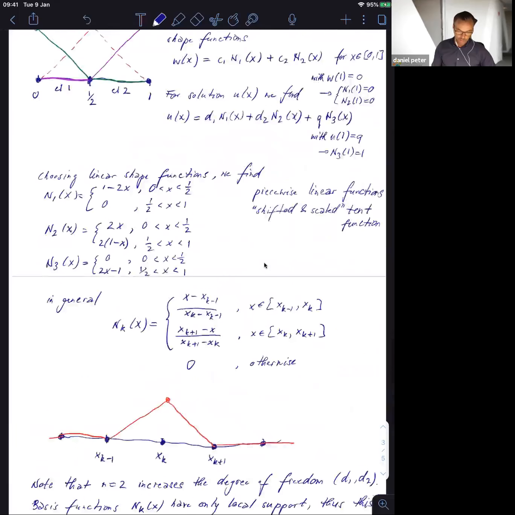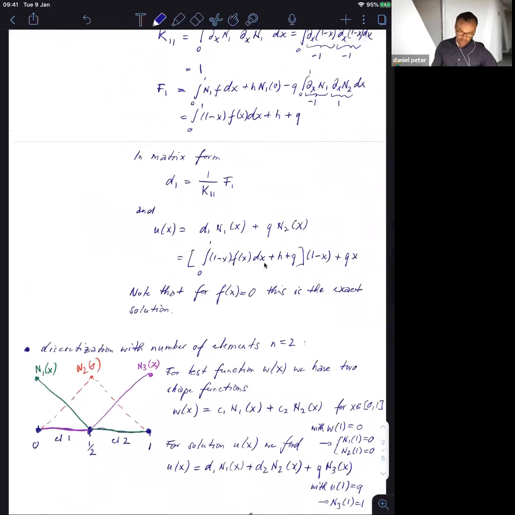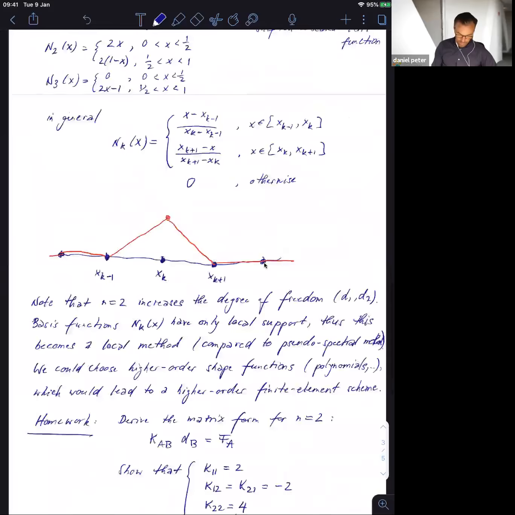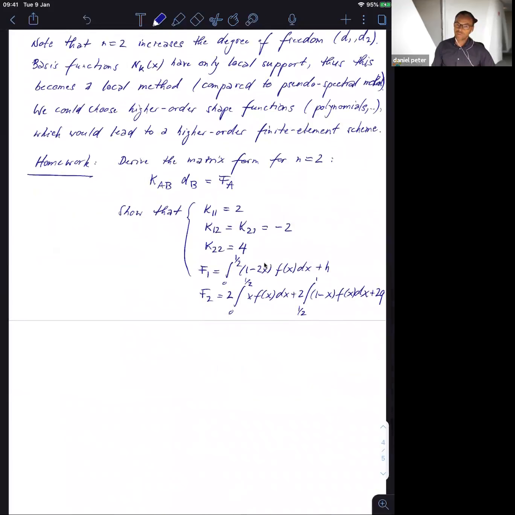So write down these expressions we put here. Make it very explicit. Write down what k11 is, k12, which is then becoming k21, and f1 and f2. And this should be then the solution you come to. So in this case, the matrix form will look like this.